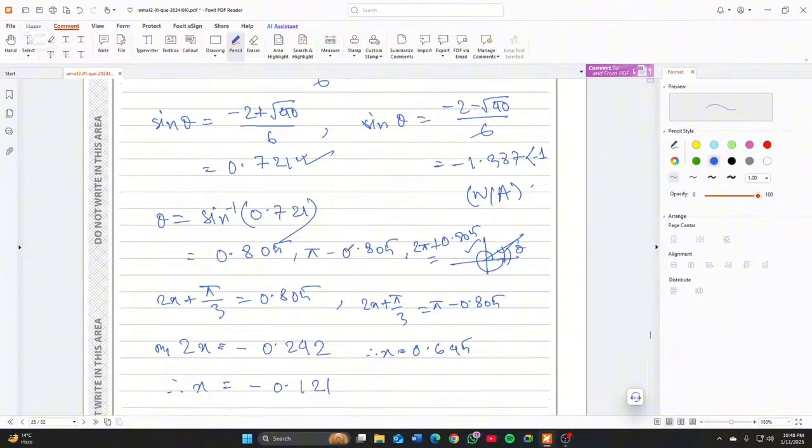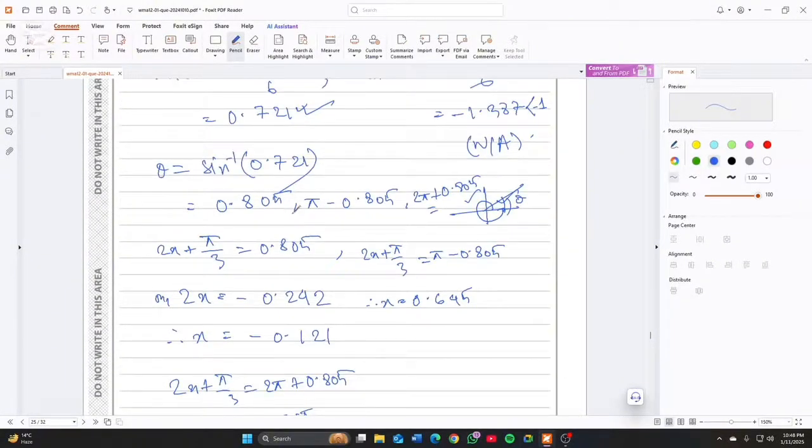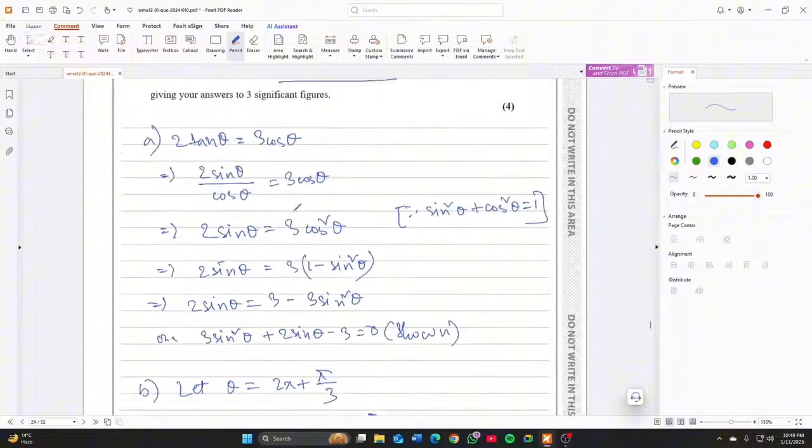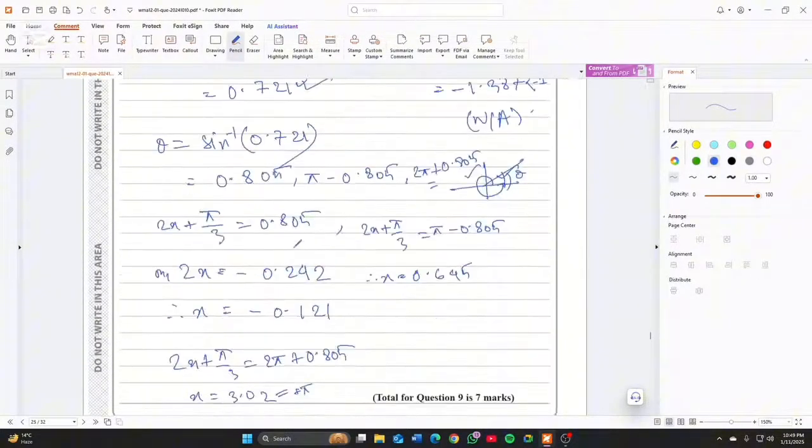Okay, so this is up to positive pi, right? But we also have the range for negative pi, so from negative pi to pi. I think the lowest negative value is minus 0.121. That is not enough. We can go further.